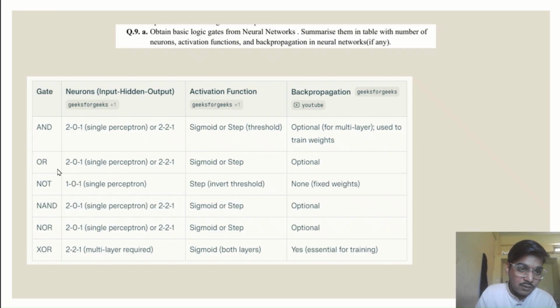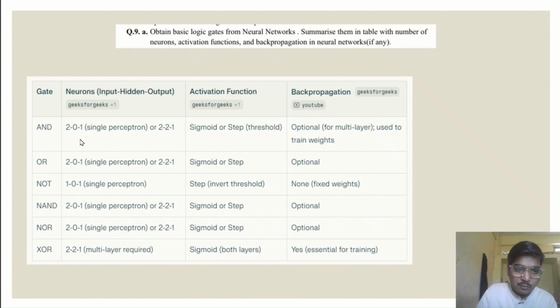For the OR gate, we will use two input layers, zero hidden layers, and a single perceptron, a single output layer, or similarly, two input, two hidden, and a single output layer. The activation function for the OR gate is also sigmoid or step.